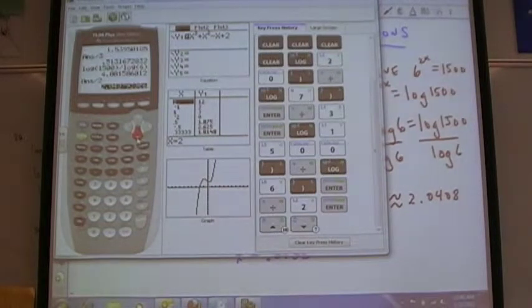And that's what you should get, 2.0408, which is what I did get right here. Does that make sense? Okay, so we're not doing much except throwing logs in front of both of them and solving from there. Good.